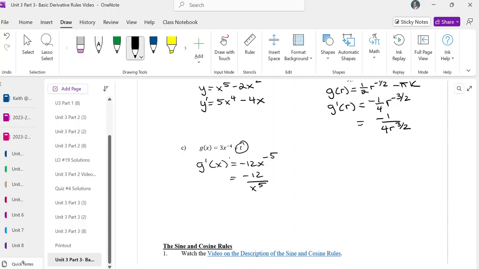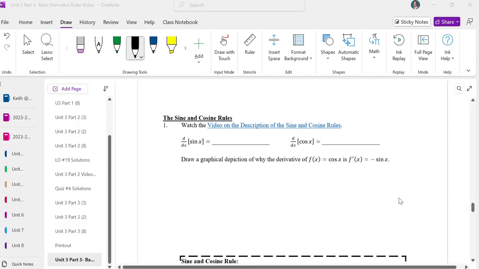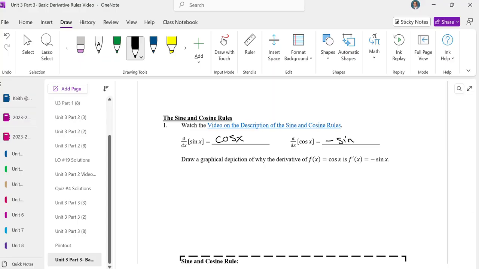So next, the derivative of the sine is the cosine, and the derivative of the cosine is negative sine. If you think about it graphically, here's the sine.